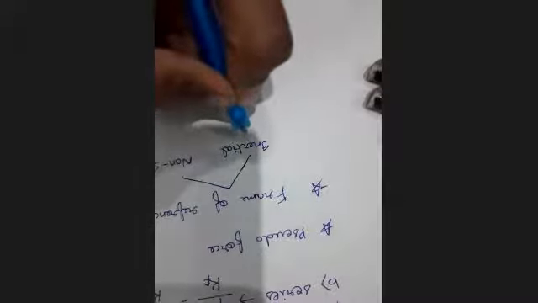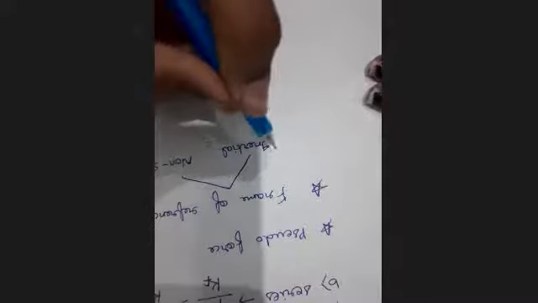Frame of reference. There are two frames of reference. One is inertial and the other is non-inertial. The inertial one is where the observer is either at rest or moves with constant velocity.